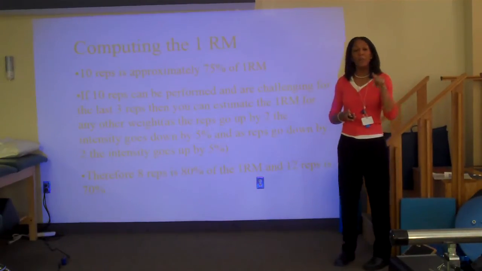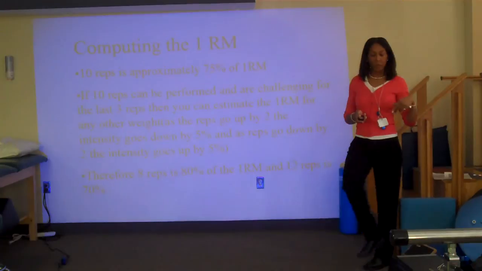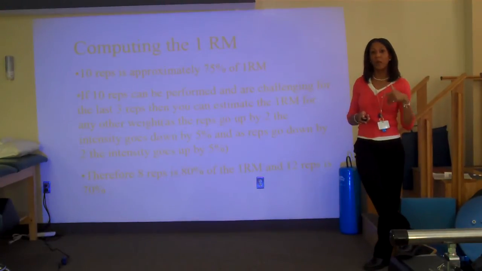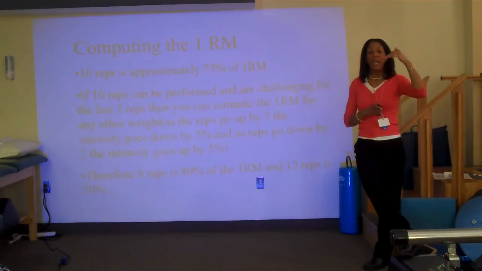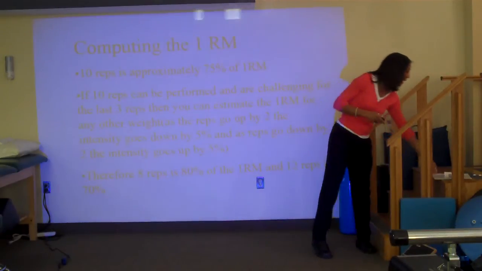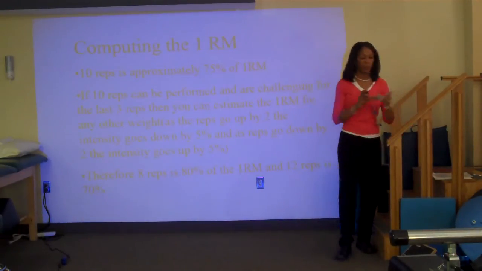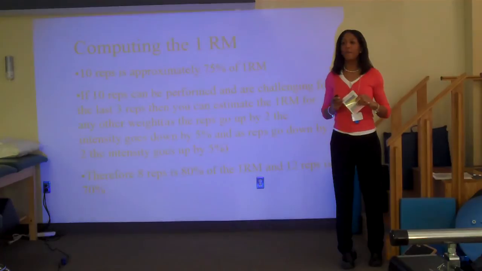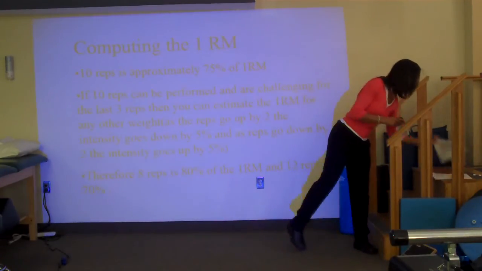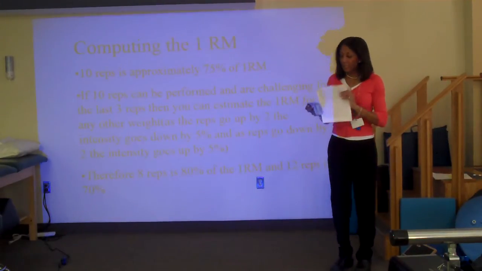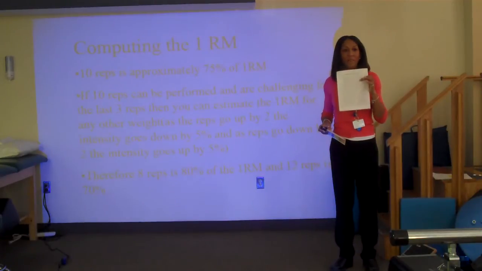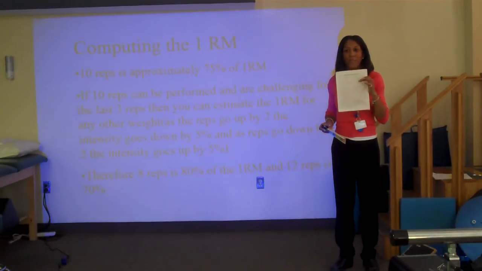Now in the back of your handout, when I lecture for great seminars, Carol Lewis actually has a sheet that I've left for you guys. I think your first handout is the big long sheet. Basically this shows you, based on the evidence, exactly what the 1 rep max comes out to.